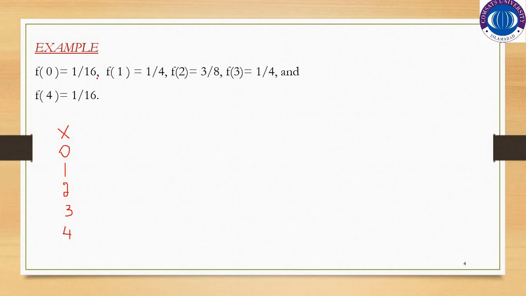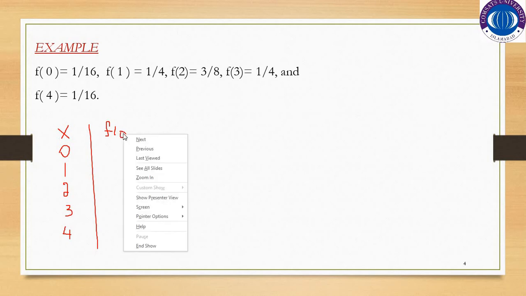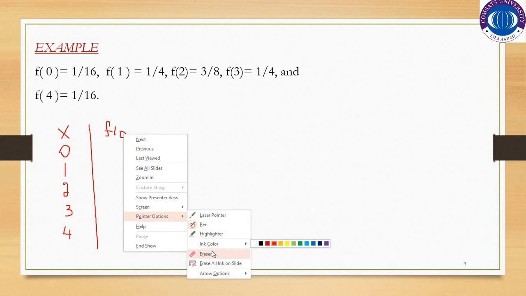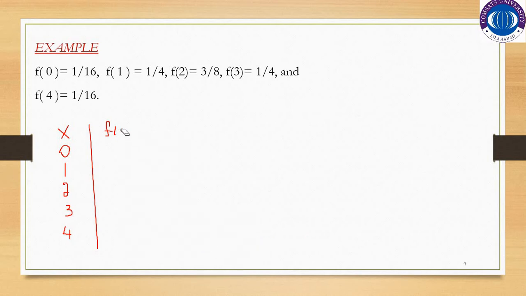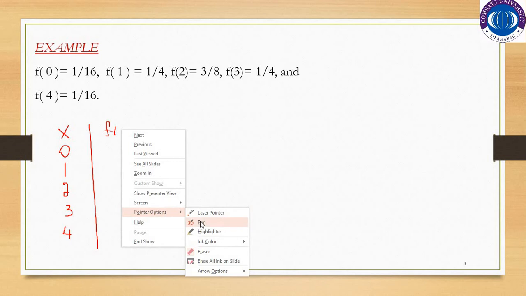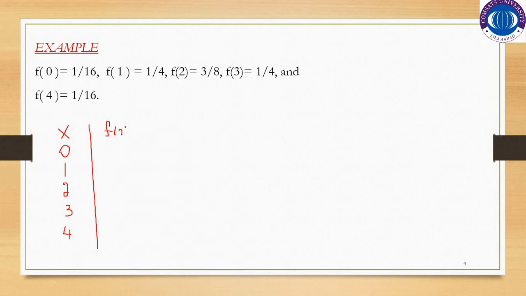As you can see, f of 0, f of 1, f of 2, f of 3, and f of 4, and we have the discrete probability distribution. We can say f of x, or also p of x.